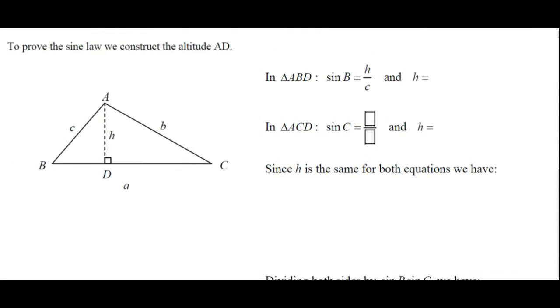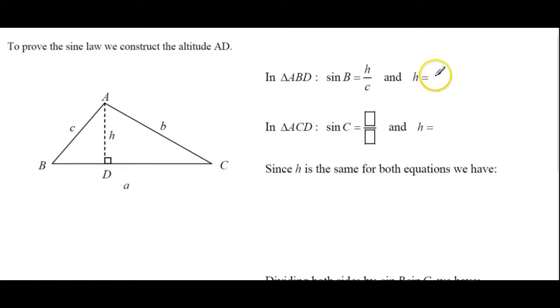To prove the sine law, we're going to construct an altitude AD. In triangle ABD, the sine of angle B is opposite over hypotenuse, which is h over c, and h is equal to, I don't know why I've got the spinning wheel, so I'm going to pause.